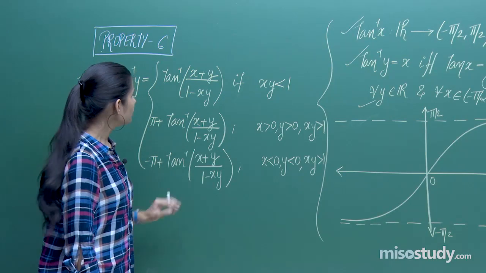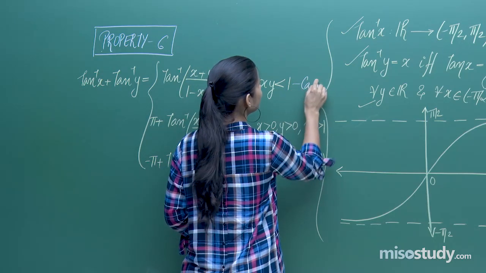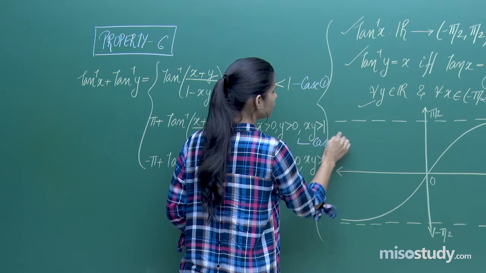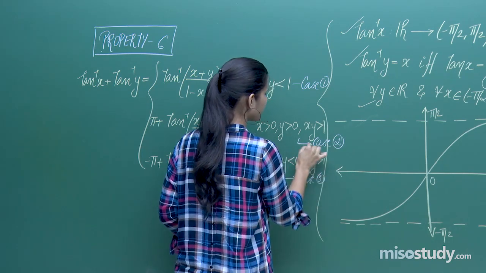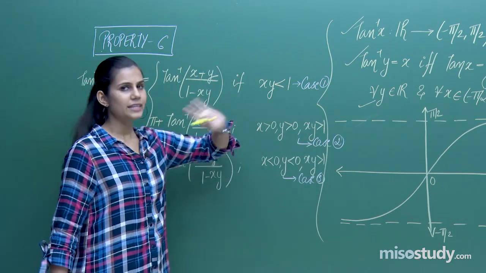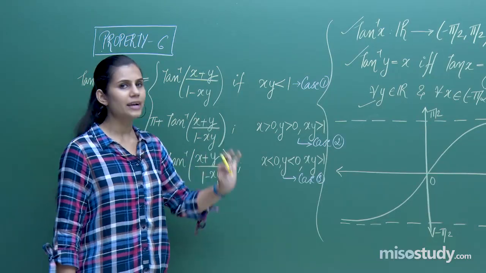Clear? So the very first thing that we have to understand is, I am going to divide this into three cases: case 1, case 2 and case 3. If I talk about case 1, case 1 says x and y are such that x into y is less than 1.